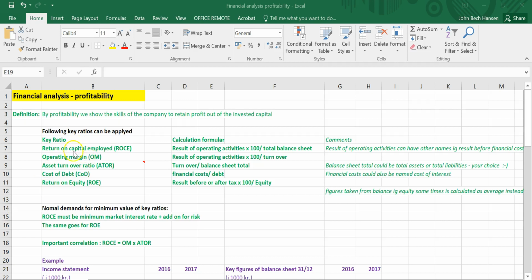Some of the most important key ratios are here in column B, and here you see the calculation formula, and here we have added some comments to the key ratios.